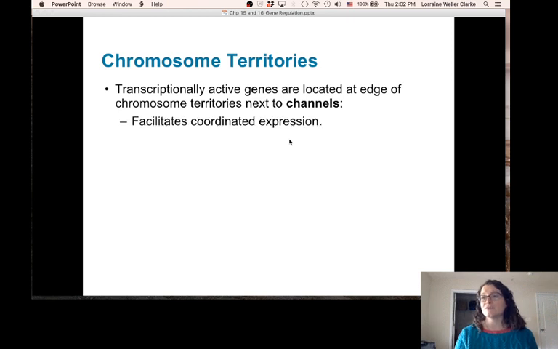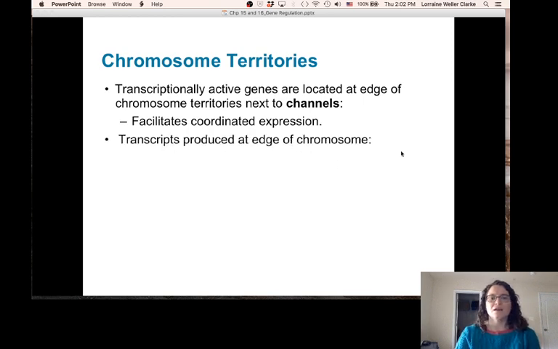And that facilitates coordinated expression across multiple chromosomes. So the mRNA and RNA polymerase can travel around 2 different chromosomes immediately, kind of like little mRNA express trains, okay? So it facilitates coordinated expression of multiple genes on separate chromosomes. So this allows for, in a more complex genome, these things to happen, okay?